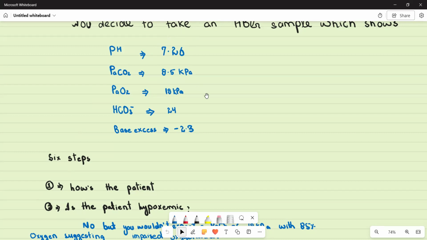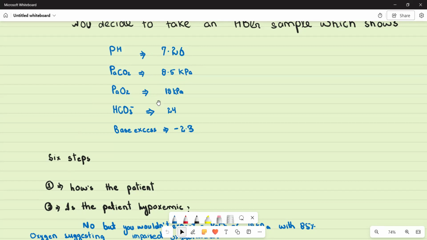So the fourth question is, what's PaCO2 doing? Okay. So what's the PaCO2 here? It's 8.5 kilopascal. And if you remember, the normal partial pressure of carbon dioxide is between 4.7 to 6 kilopascal. So this is clearly elevated. Okay. So PaCO2 is elevated. So now you know that the patient has acidosis and the patient's PaCO2 is elevated. So probably respiratory acidosis, right?